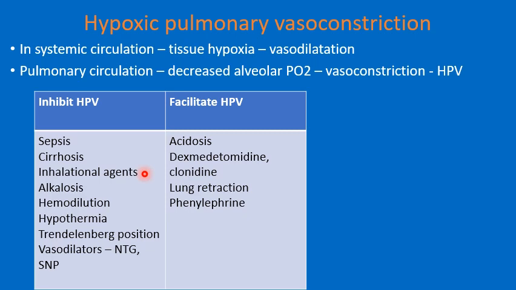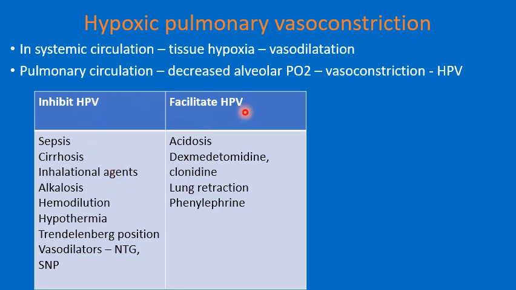The newer inhalation agents like isoflurane, desflurane, and sevoflurane minimally inhibit hypoxic pulmonary vasoconstriction. Alkalosis, respiratory or metabolic, inhibits HPV, and hemodilution, hypothermia, and Trendelenburg position all inhibit HPV. Vasodilators like NTG and SNP also inhibit HPV.